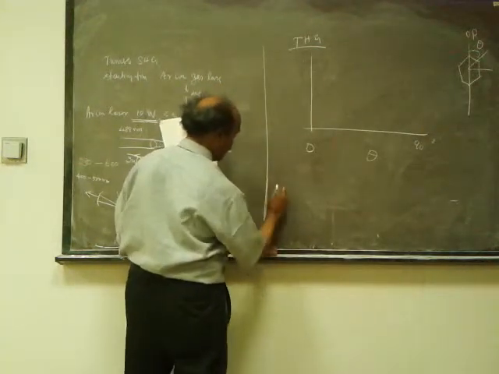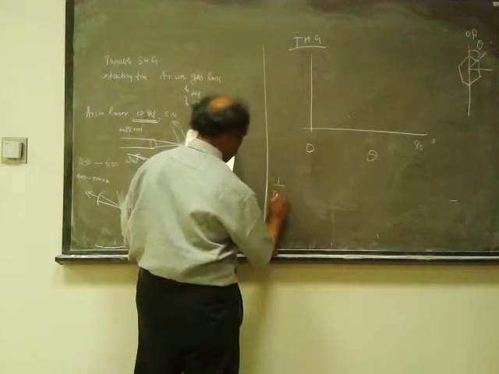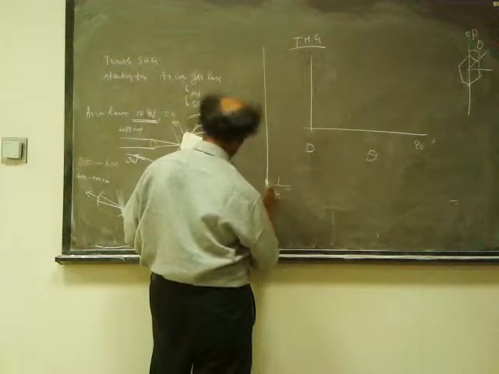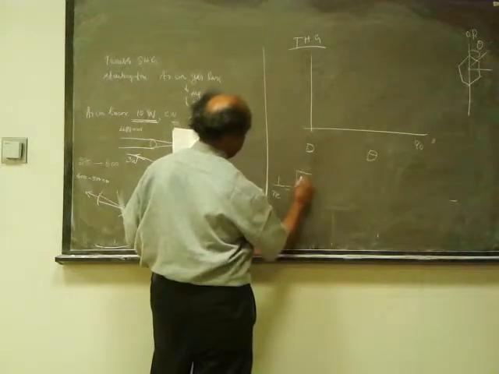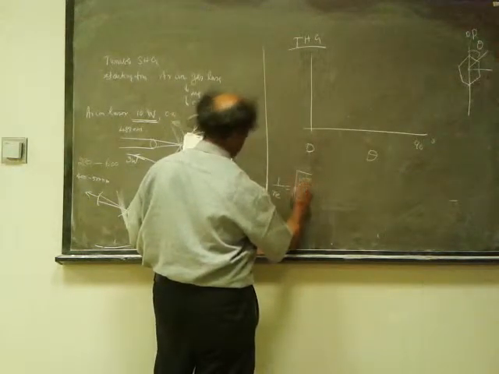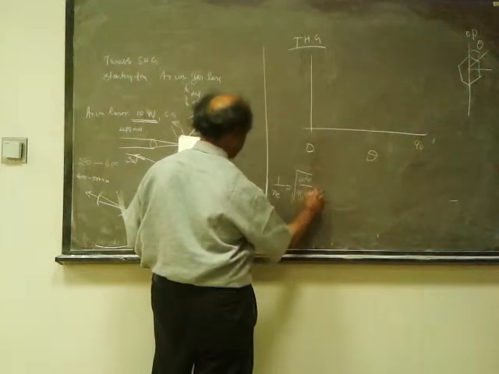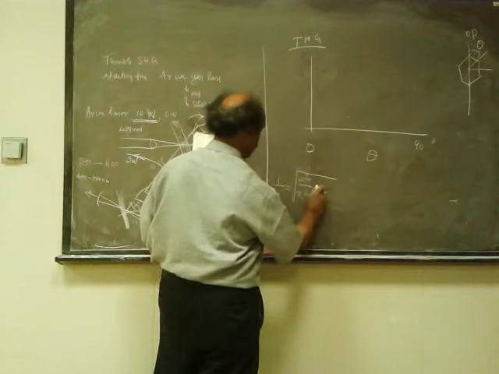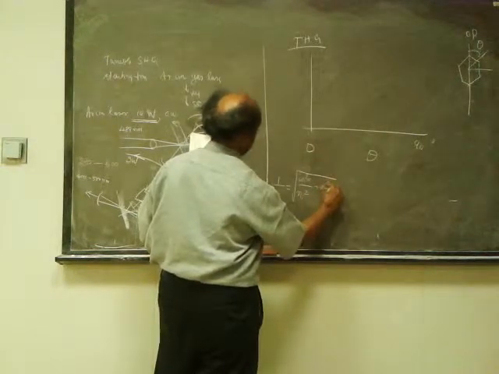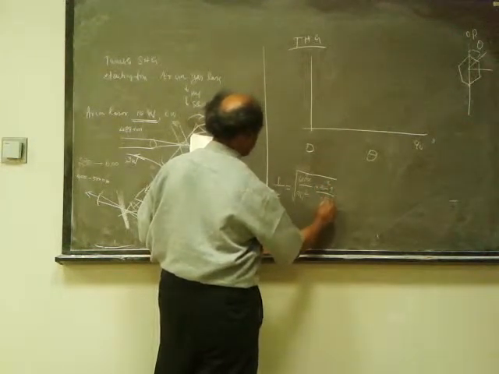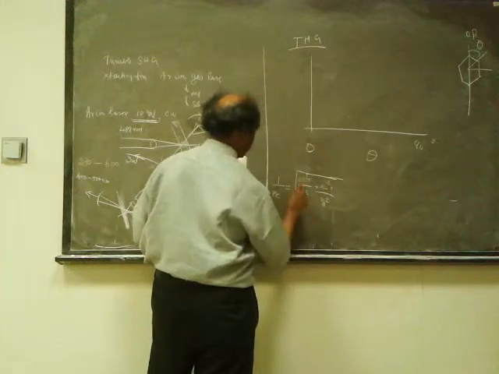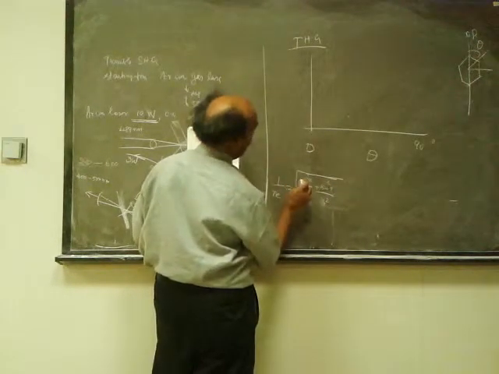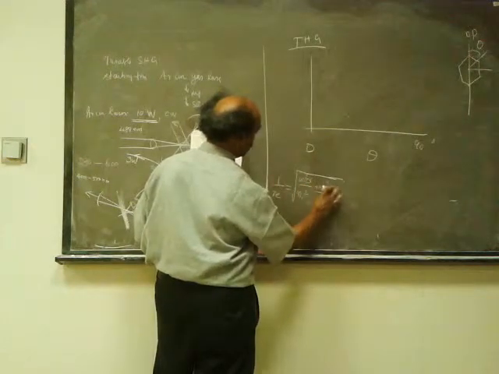Keep this in mind. 1 over N_E squared, the refractive index of the E ray, is cos squared alpha over N1 squared plus sine squared alpha over N2 squared. This is alpha, put theta, that's all.